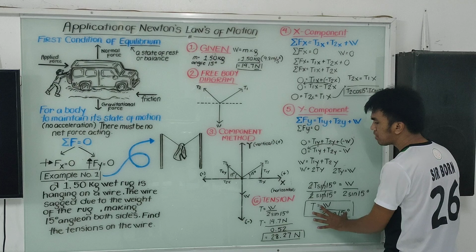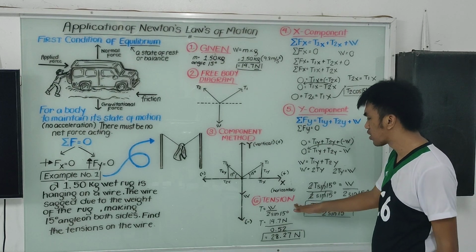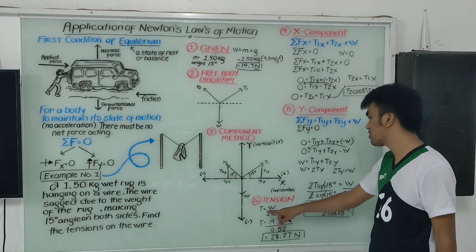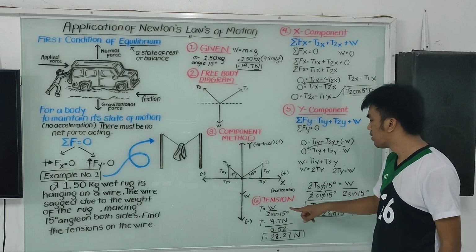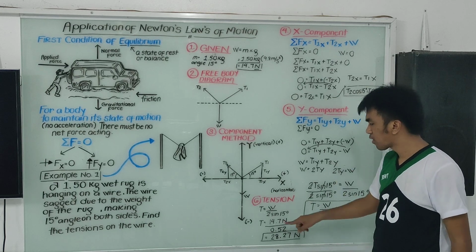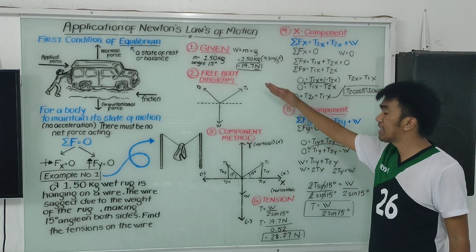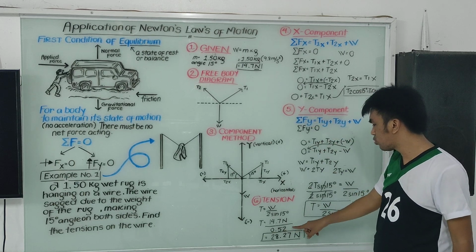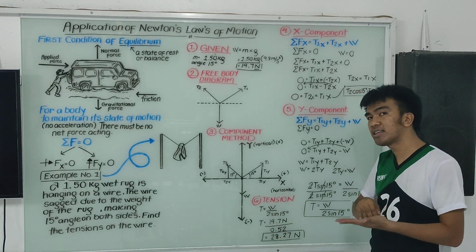So this one will be used as formula in order for us to find the tension. So our tension is equal to W over 2 sine 15 degrees. So substitute, we get the weight from the given, so 14.7, and then 0.52, when you type 2 sine 15 degrees in your calculator.